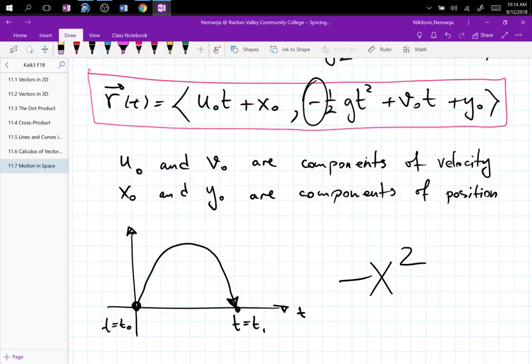So, as you are looking at these equations, you have the progression moving forward in the x direction, and you have the object going up and down parabolically for y. Now, what is important when you are looking at these equations?